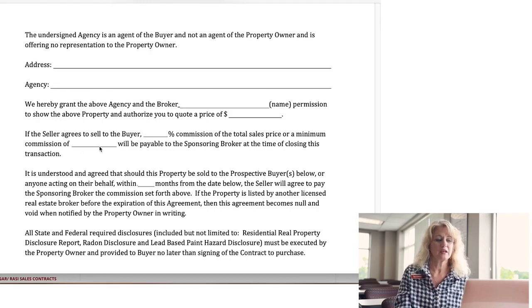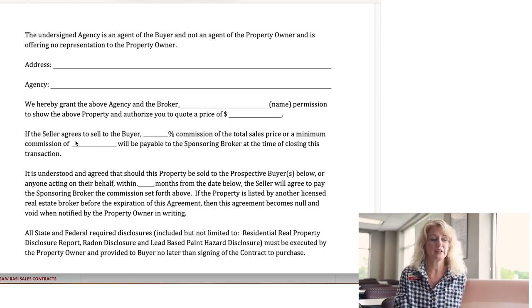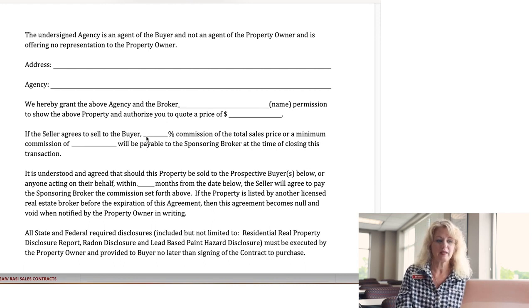Minimum commission, typically, if the property is under $50,000, then you may need to put a dollar amount here as the minimum commission. If it's over that and this is the commission that's being paid out, then you can put N/A or dashes or X's here that blank doesn't apply then, because this is sufficient for whatever.